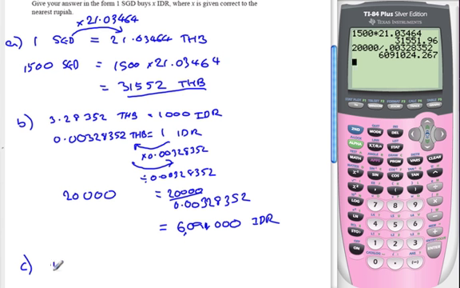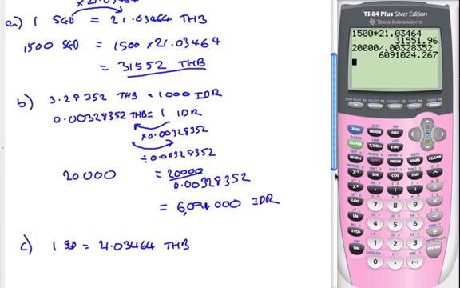We know that 1 Singapore dollar equals 21.03464 Thai baht. Okay, and we know that, actually let's do it this way.